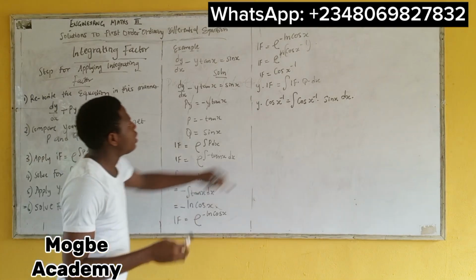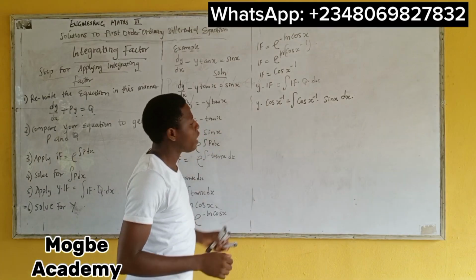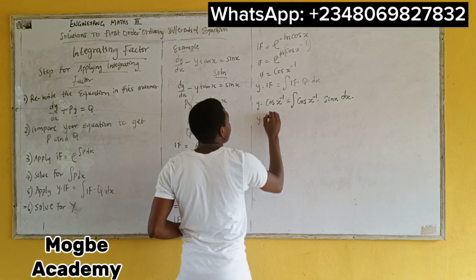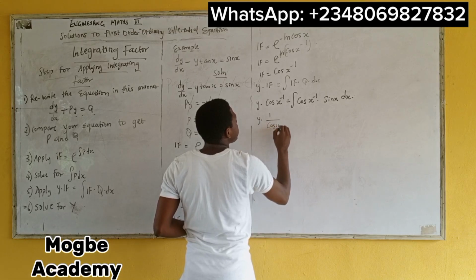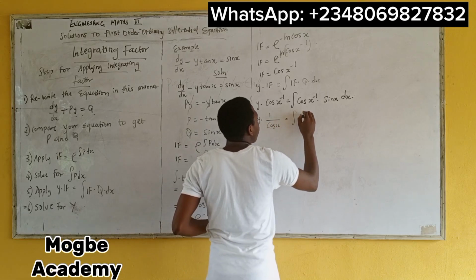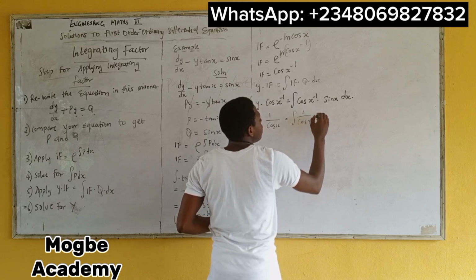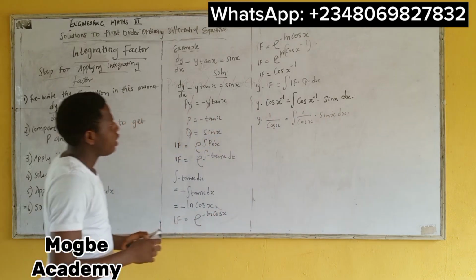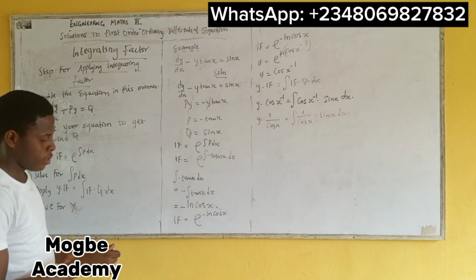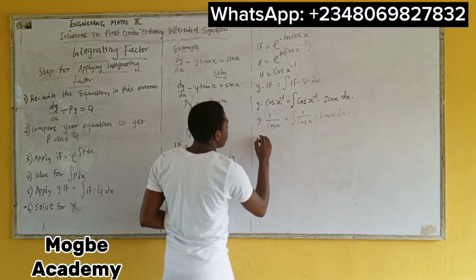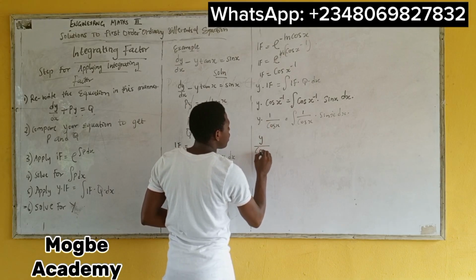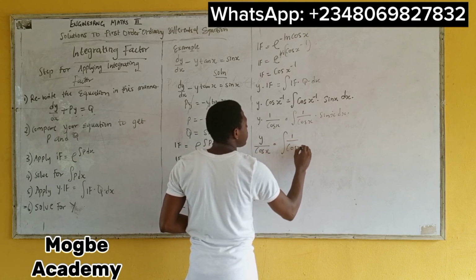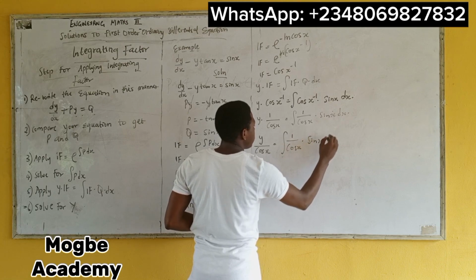We can do something to this because of the negative sign. So we have y dot 1 over cos x equal to integral of 1 over cos x dot sine x dx. So this can be written as y over cos x equal to integral of 1 over cos x dot sine x dx.